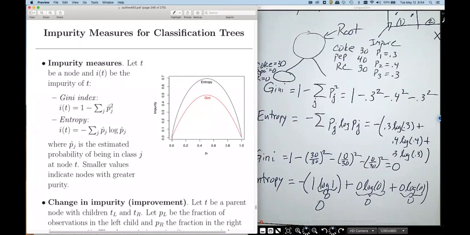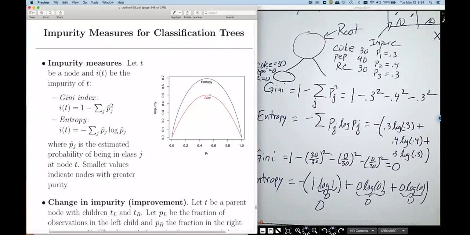Likewise, if 0% like Coke, they all like Pepsi, that would be a perfectly pure node. Both of these functions, entropy and Gini, achieve a maximum value where the fraction of people who like Coke is 50%, and therefore the fraction of people who like Pepsi is also 50%, and those would be the most impure nodes that are possible.